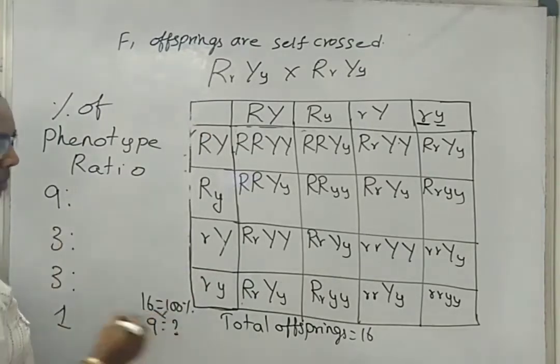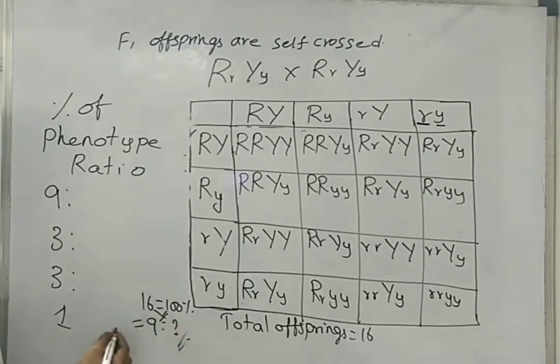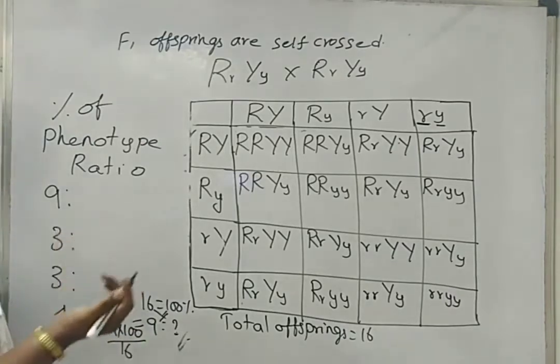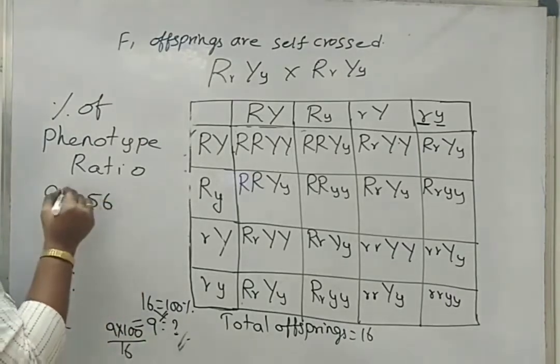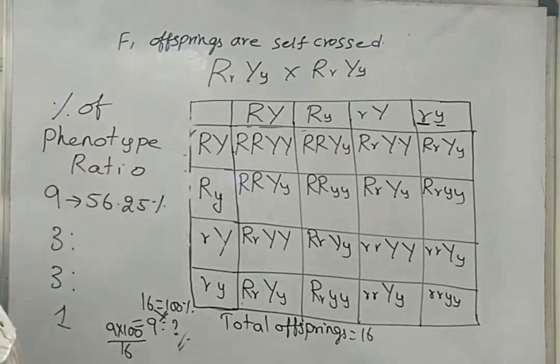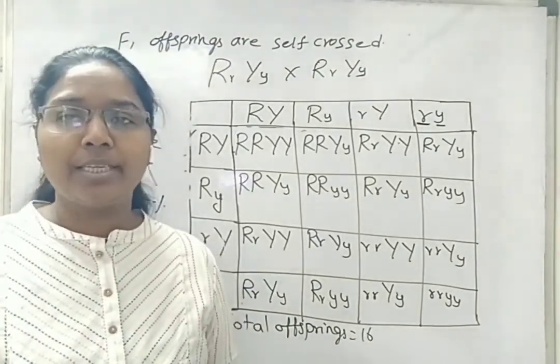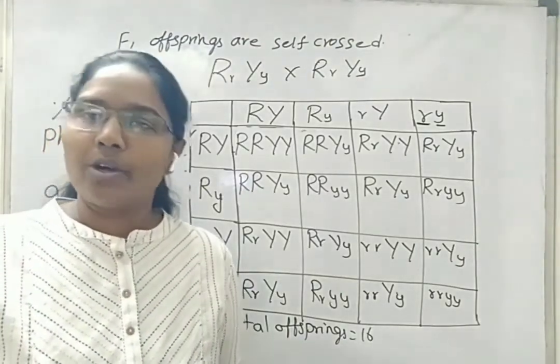If we do cross multiplication, we can express this as 9 into 100 divided by 16. We will get 56.25% of offsprings out of the total 16 having round shape of the seed with yellow color of the seed or cotyledon.